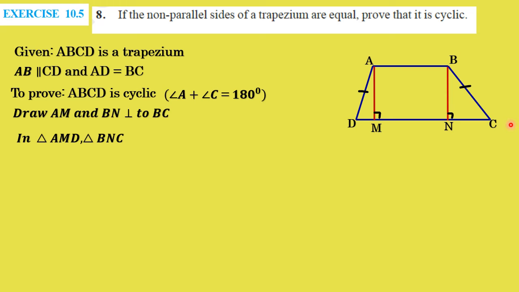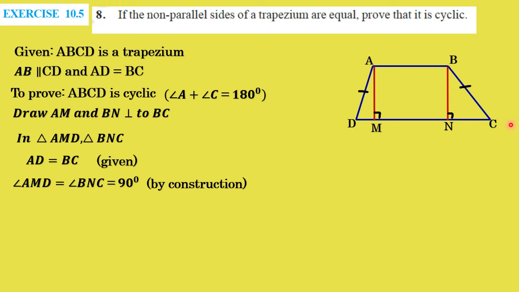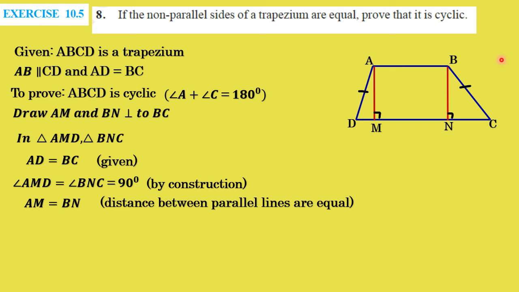Now in triangle AMD and triangle BNC, AD equal to BC, it's given. And angle AMD equal to angle BNC equal to 90 degrees, yes, by our construction. And AM equal to BN, since the distance between parallel lines is equal. So these two triangles are congruent by RHS congruence.